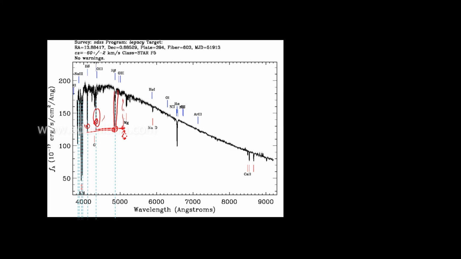We don't know what it is, and it's not there in the periodic table as well. So people later detected an element called helium, and then compared its spectrum with what we had already discovered in the sun. From that comparison, they were able to find out that it is a new element, and they named it after the sun. That is why the name helium. Helios means sun, so that is why the name helium.